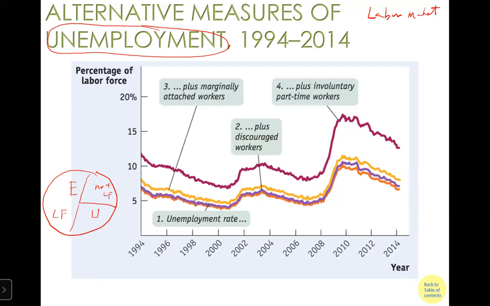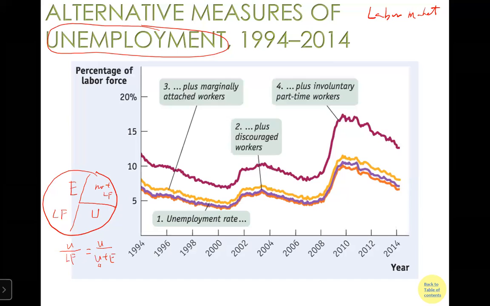Given this characterization, we define the unemployment rate as U divided by LF, where LF equals U plus E. Here U is unemployed and E is employed. To be precise, we define a person as unemployed if they don't have a job and have been actively looking for a job during the past 4 weeks.